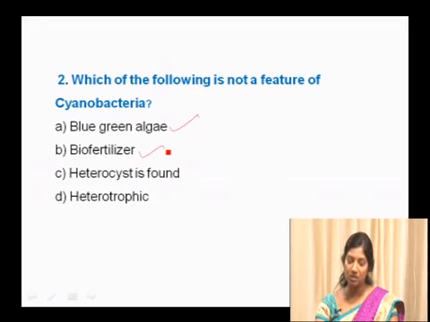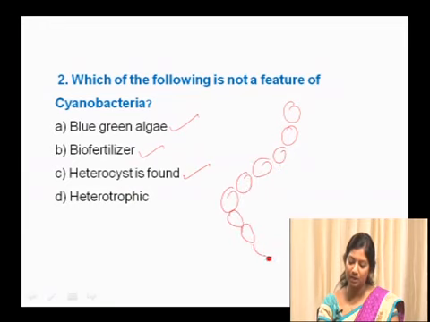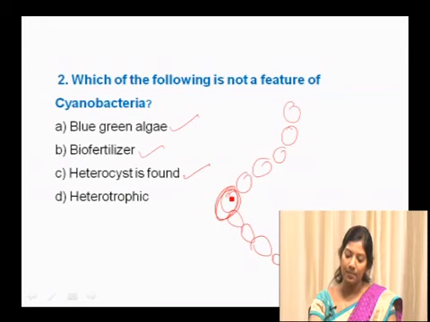So if you try to observe here, there is one more option, that is heterocyst is found. Now for example, if you see a cyanobacteria, it is a filamentous form, for example in case of Nostoc. So if you see the vegetative cells, here and there are some cells which are larger in size and they show a typical shape in this manner with a nodule.